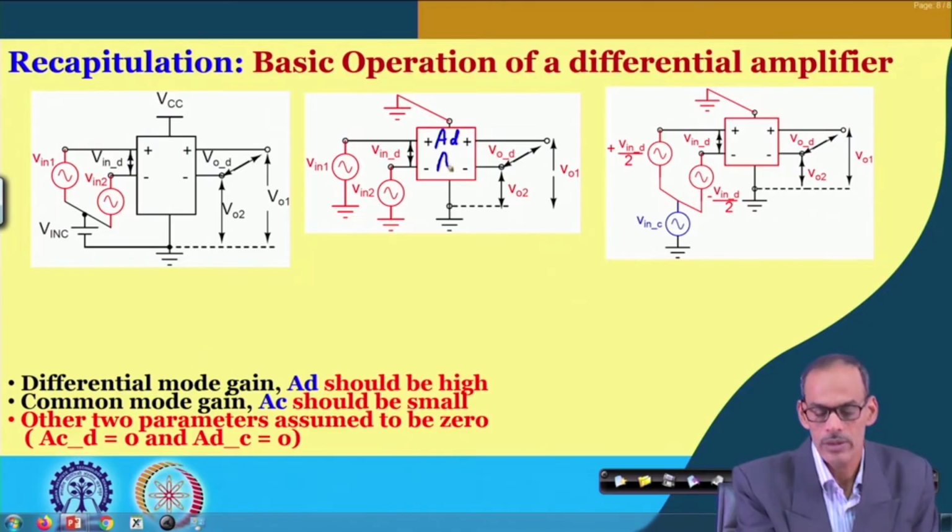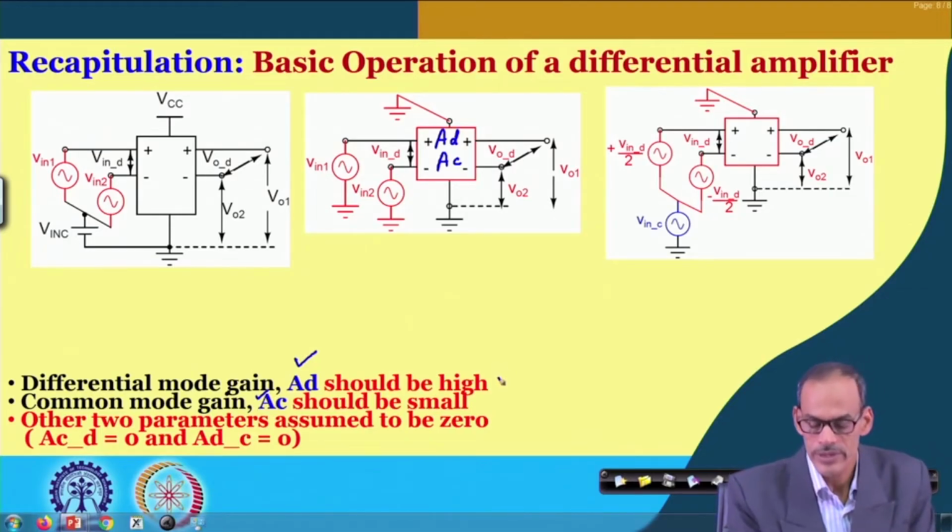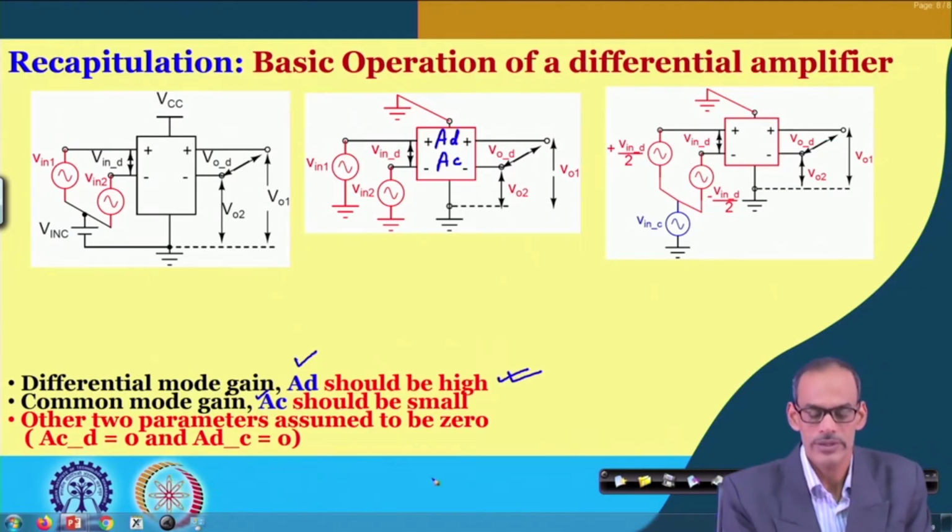Now, once we are in the small signal equivalent circuit, its basic parameters are differential mode gain and common mode gain, as you can see here. And we said that ideally we want this differential mode gain to be as high as possible, and the common mode gain, on the other hand, to be as small as possible.